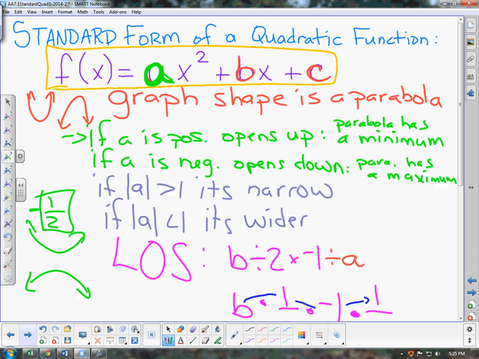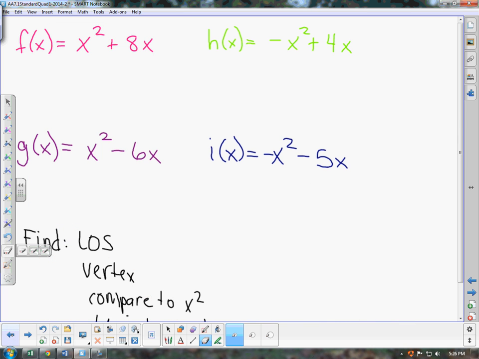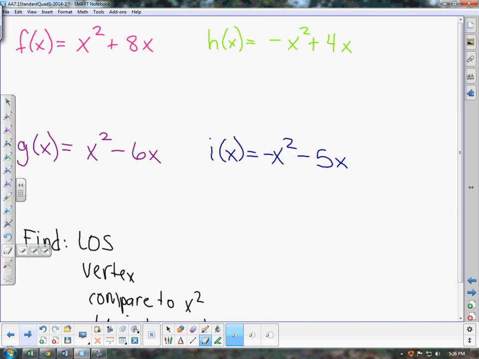Then, trying to find the line of symmetry. That's what LOS stands for. Let me write that. That's line of symmetry. To get that, let's go way back to these. Here they didn't change. The line of symmetry was still at 0 because there is no x term that affects it.